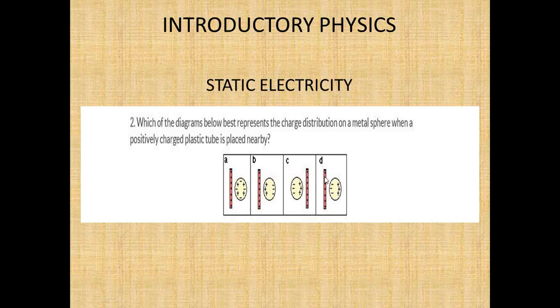This one makes sense, because the positively charged tube is going to pull electrons from this side of the sphere. The electrons are going to crowd over here, and because the electrons move away from this side, it essentially loses its electrons, so now it becomes positive. So for number 2, it's D.